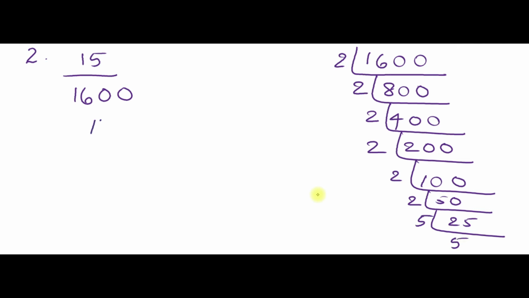So 1600 can be written as 2 raised to 6 into 5 raised to 2. That means it is expressed in the form 2 raised to m into 5 raised to n. So it is a terminating decimal expansion.